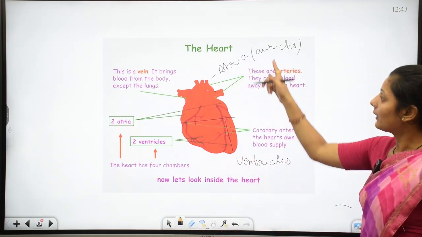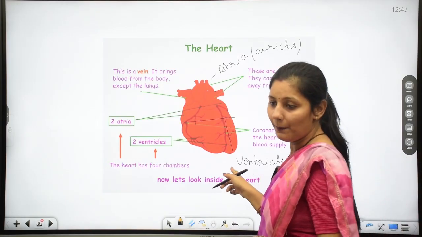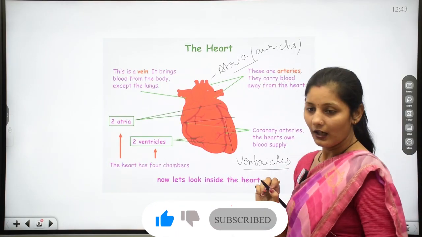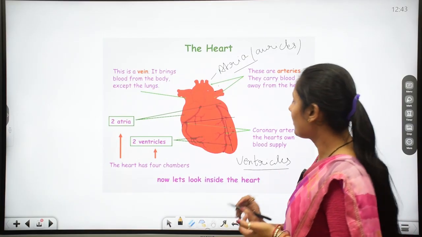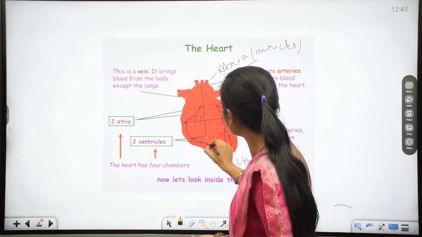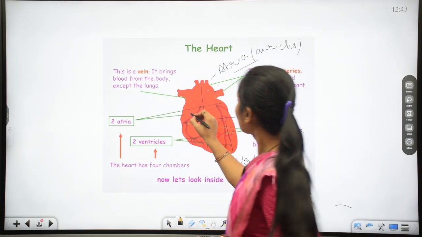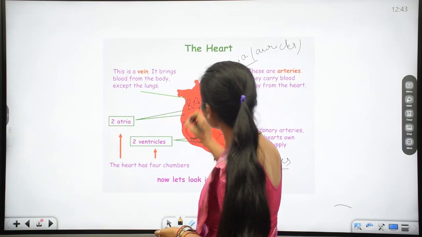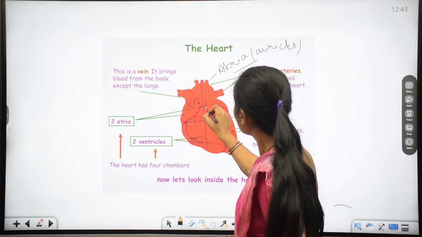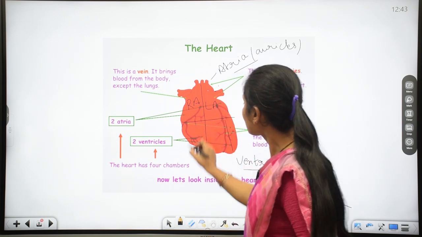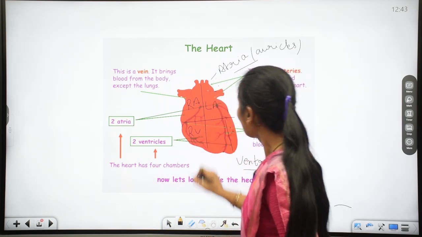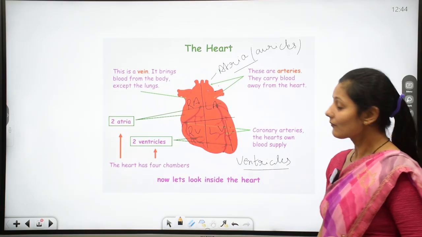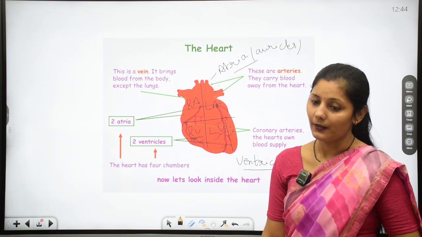So these are the upper part and these are the lower part. The upper part is atria and the lower part is ventricle. Now the heart has 4 chambers. It means it is divided vertically also. This part is known as the right auricle, and this part is the left auricle. This is the right ventricle and this is the left ventricle. So the heart has 4 chambers.